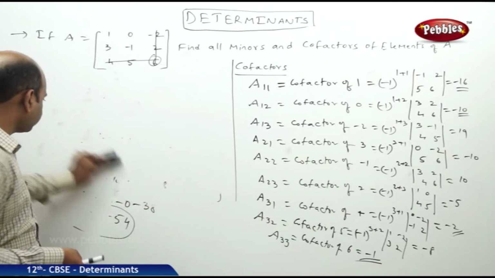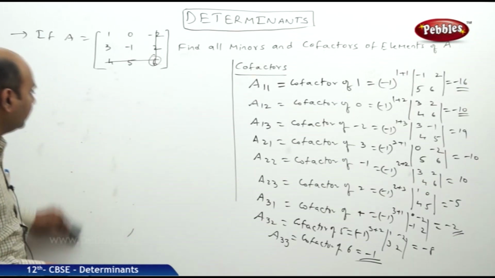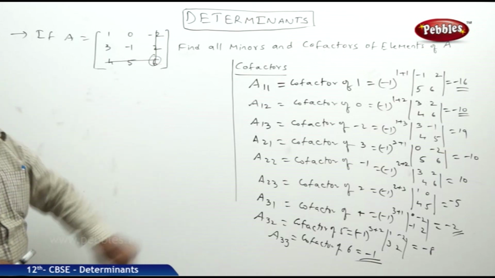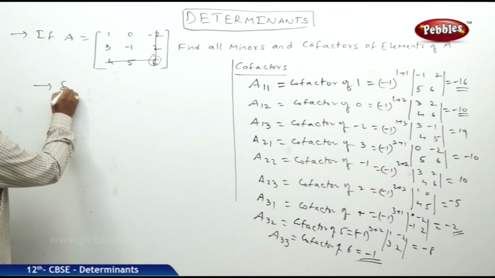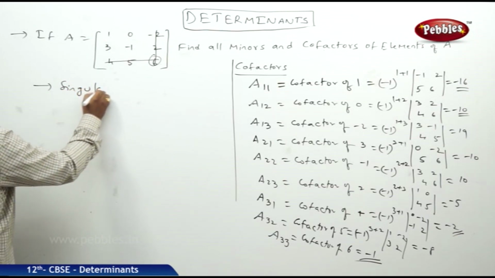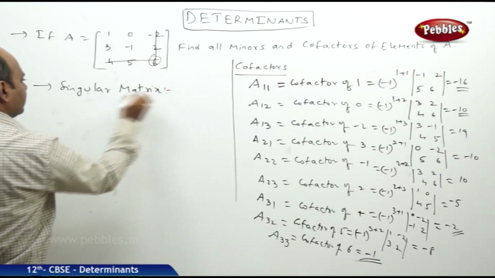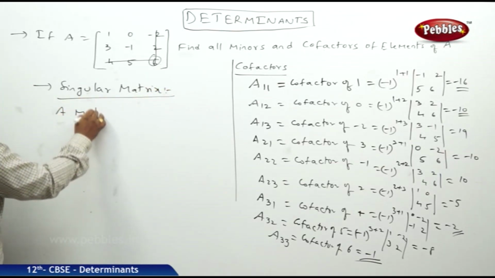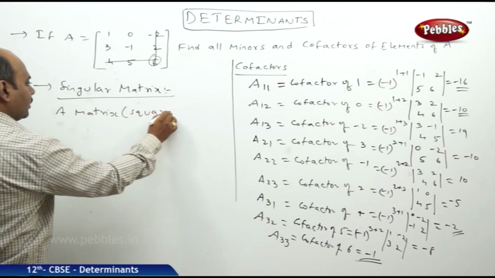Now we shall be seeing 2 to 3 definitions, and then using the same problem we will be doing another small example. Here the very important definition: singular matrix. What do you mean by this singular matrix? A matrix, always remember beta, here matrix means square matrix.